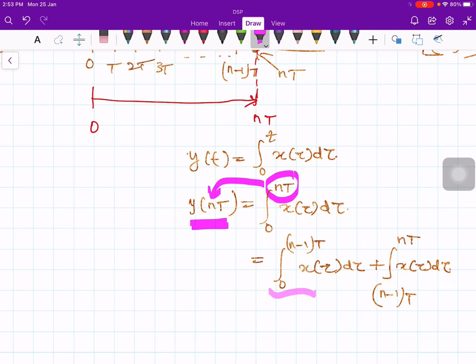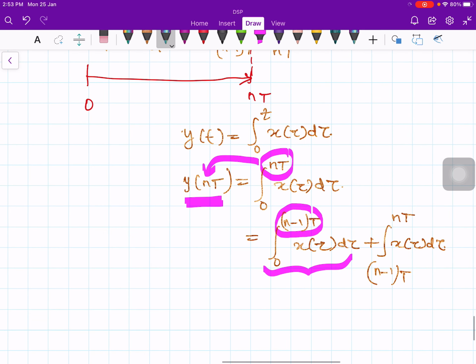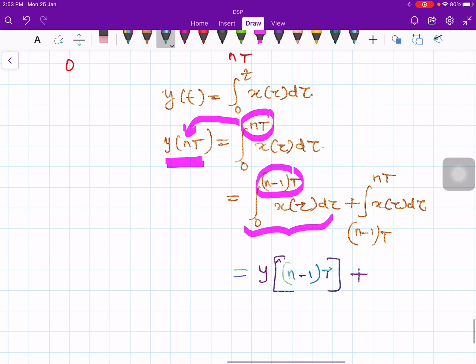Now look at this integration. In this integration, the upper limit is (n minus 1)T. Therefore, this first integral I can write as y of (n minus 1) times capital T. And the second integral, let me write as it is, from (n minus 1) times T to nT x of tau d tau.